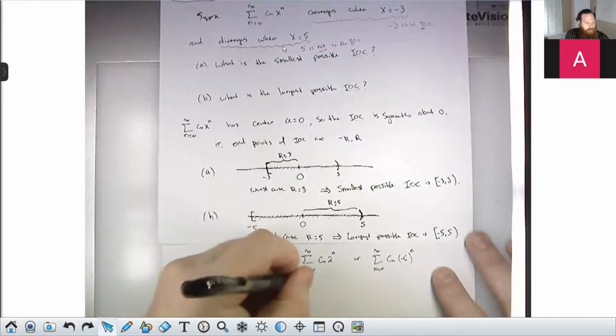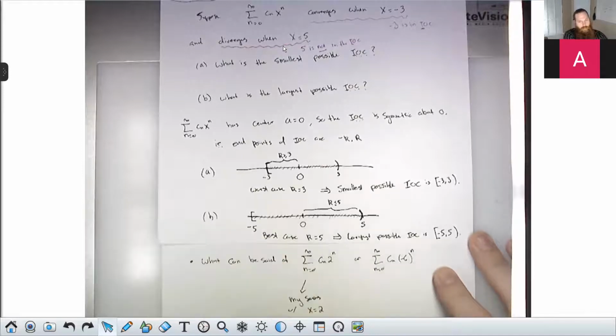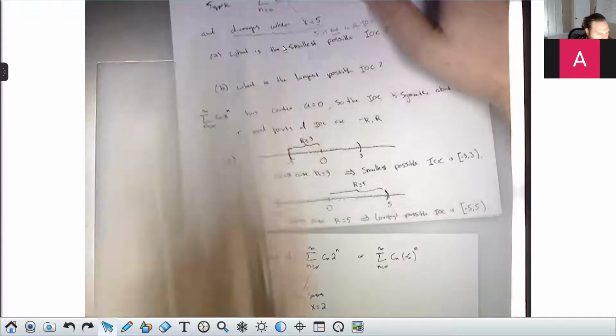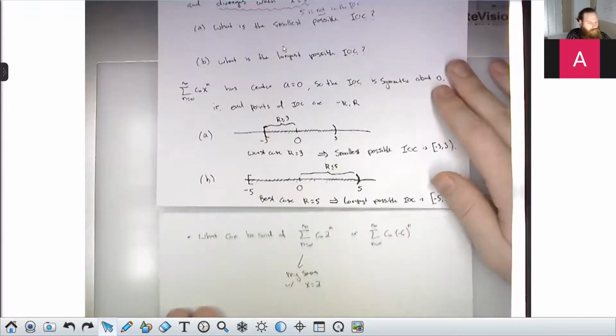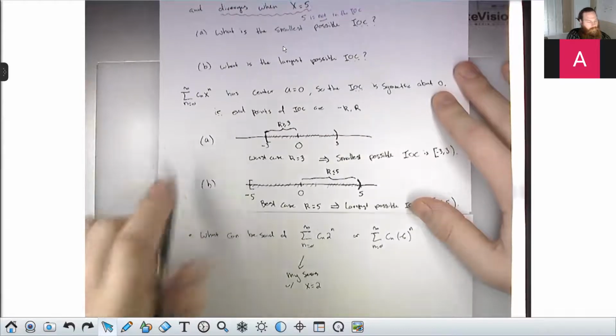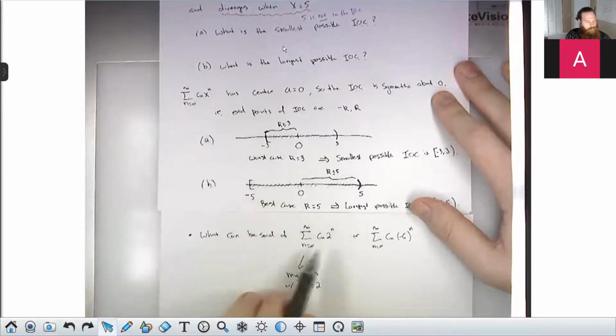Well, this one is my series with x equal to 2 plugged in, right? Sigma n from 0 to infinity cn x to the n, sigma n from 0 to infinity cn 2 to the n. So this is this with x equals 2 plugged in.